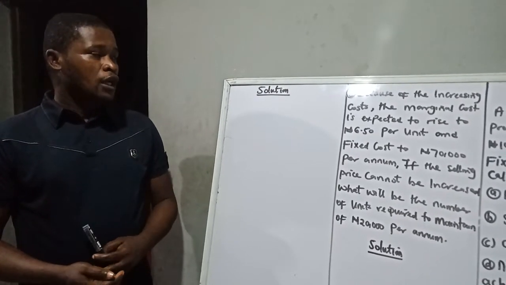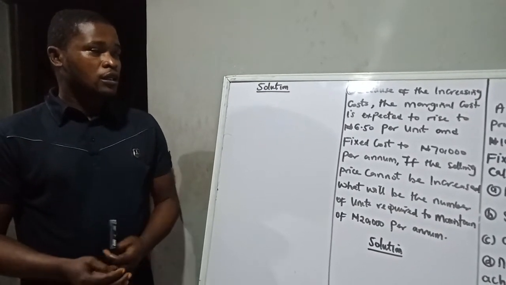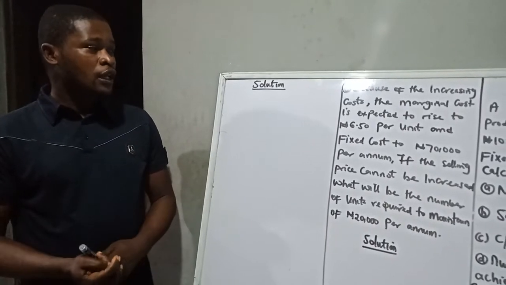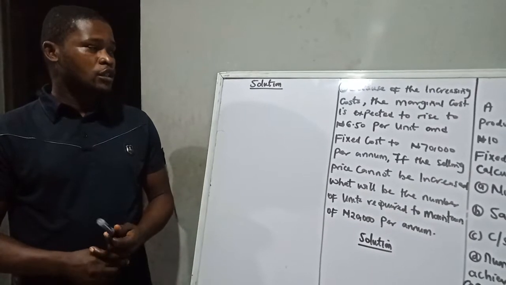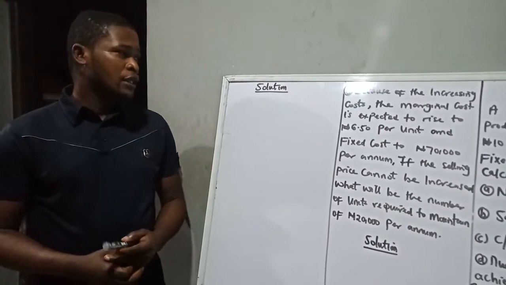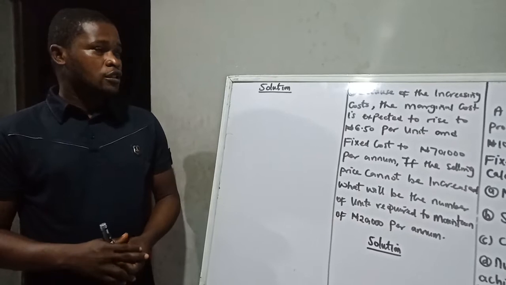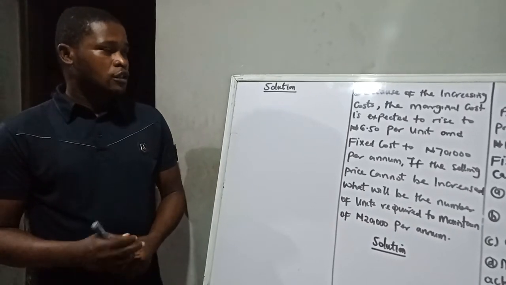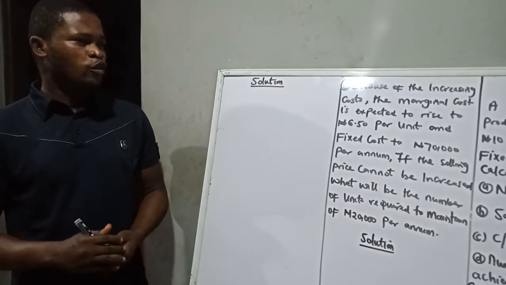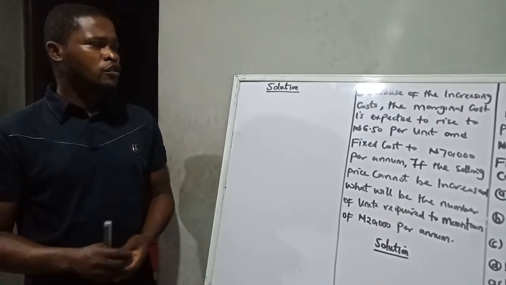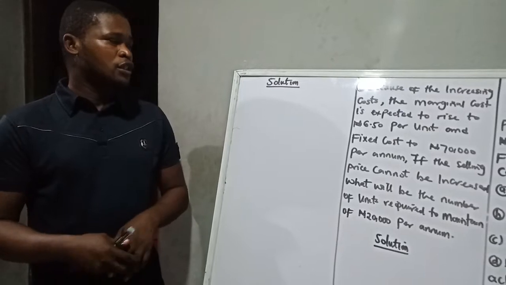Before we move straight to the calculation aspect, let's do a recap of what we did last week. We talked about break-even analysis and CVP, the relationship between cost, sales, and activity level, or those changes that affect operating income.